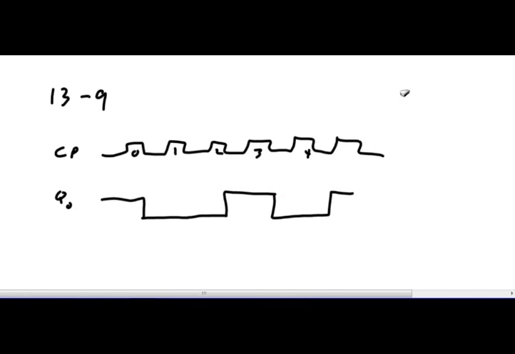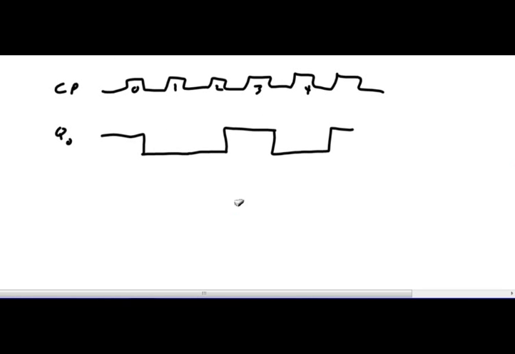Okay, well, if we have one flip-flop, what can it do? It could be high, and then low, and then high, and then low, so I could have something like that, right?